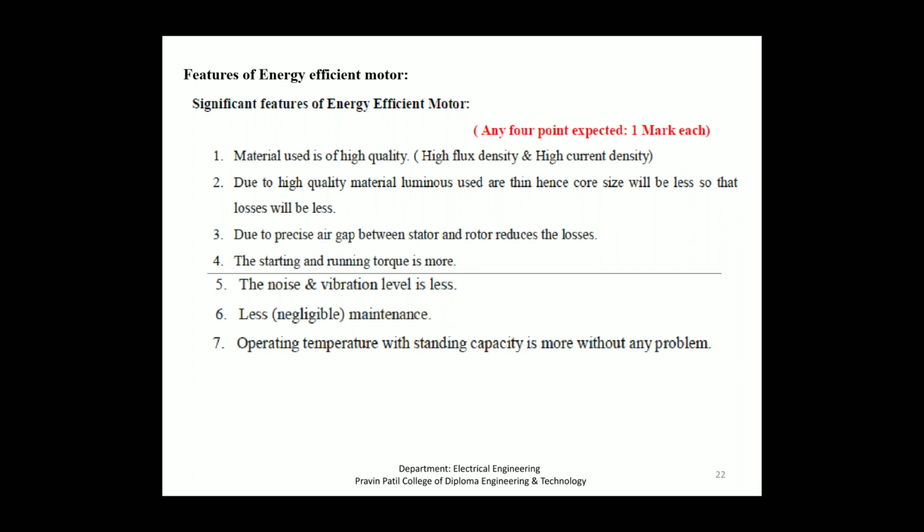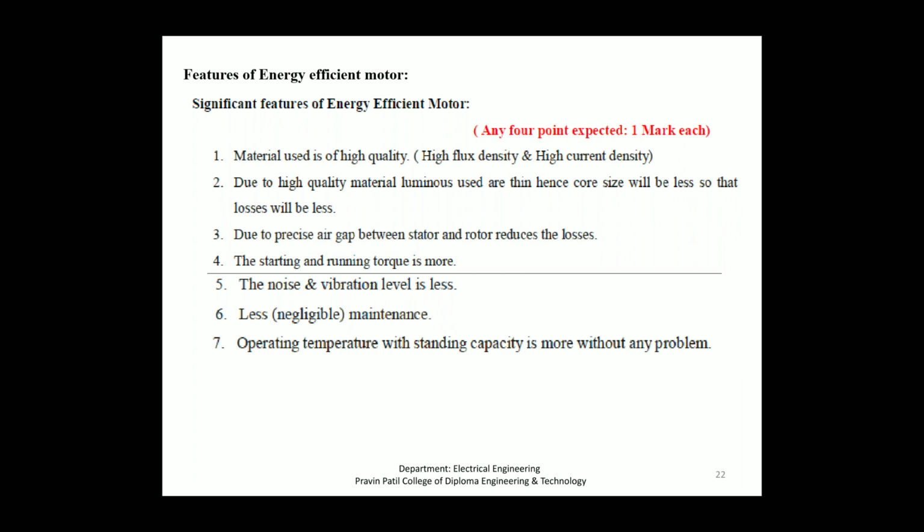Next, a precise air gap between stator and rotor reduces the losses. If the air gap between the stator and rotor is maximum, then the flux produced from stator to rotor is distributed because of the large air gap.